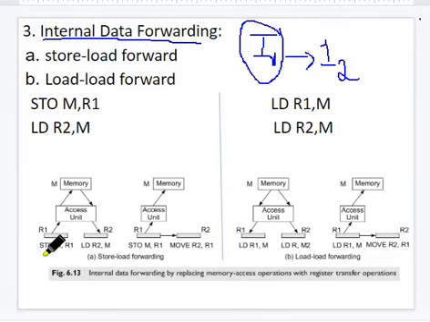Looking at normal execution, there are two instructions: store the result of R1 in memory, and next, from that memory, load to R2. So R1 has data, store it into memory.